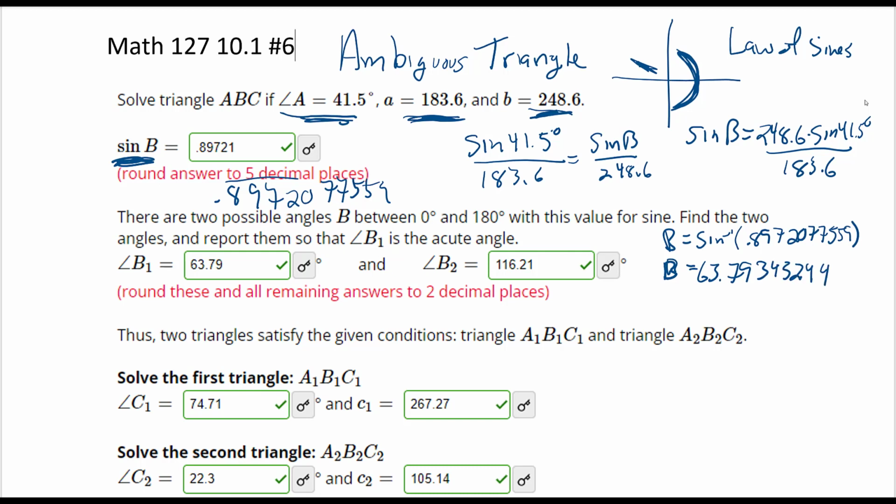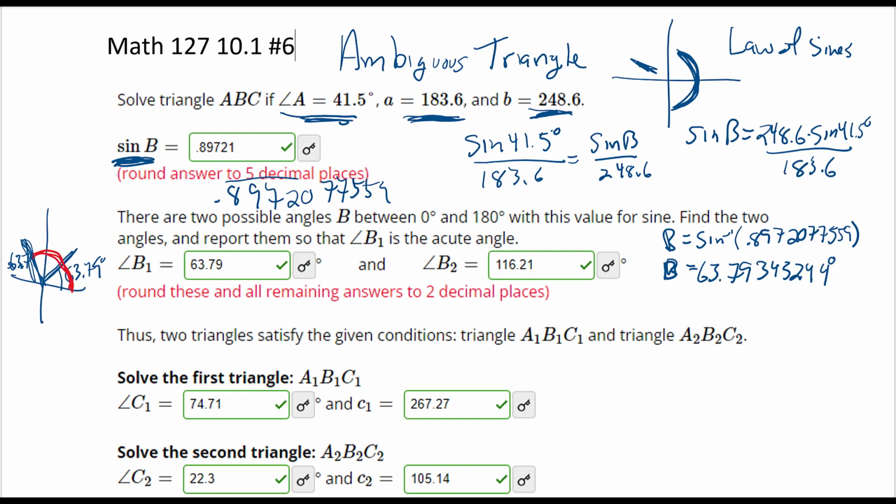Now, that's an acute angle, and that's obviously returning a value like here. But that 63.79 could have been the reference angle. And it could be over there. So the actual angle could be this portion here instead.